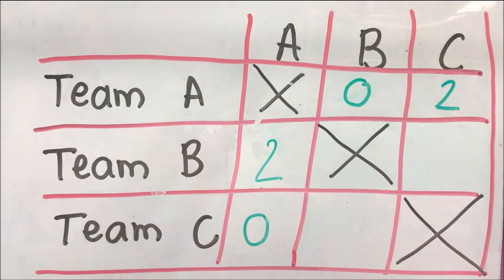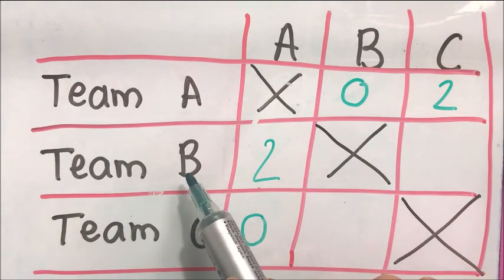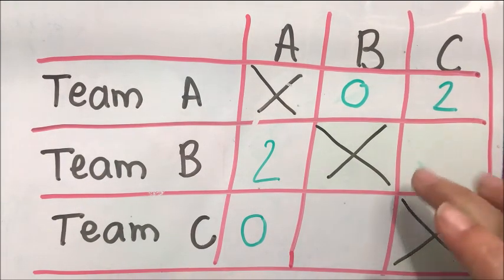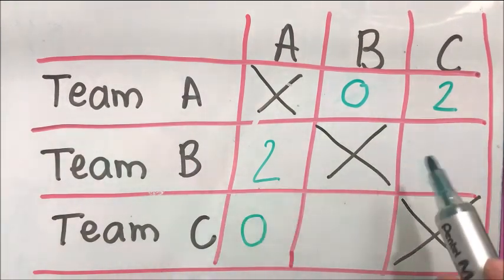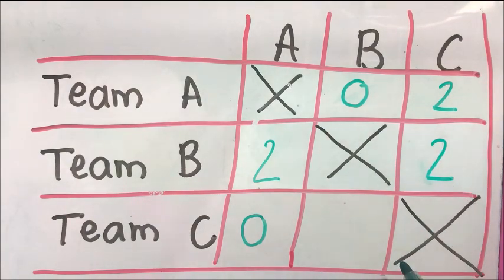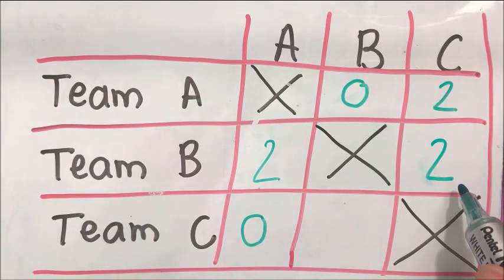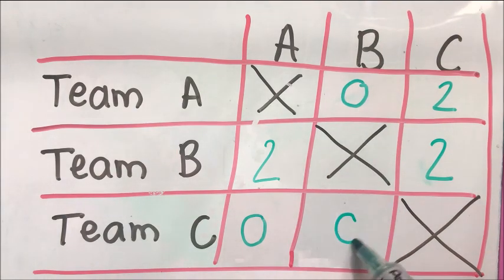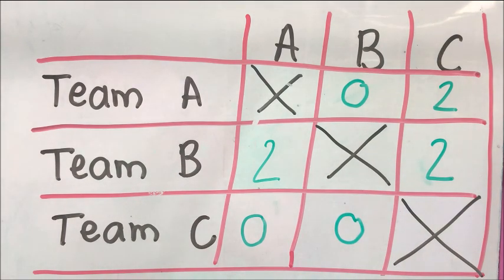So now it all comes down to the final match. We've got team B playing, which one is open? Yes, playing team C. So they might win. We say they get 2 points. That means team C lost against B, so they get 0 points.